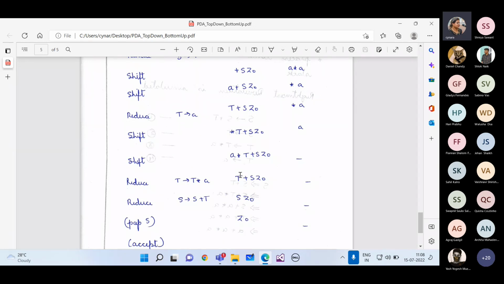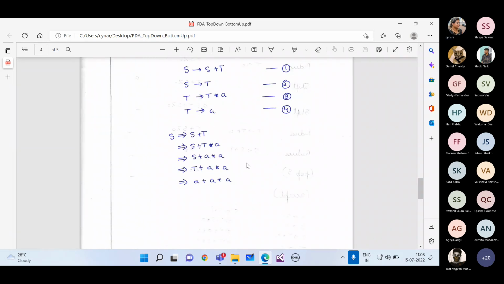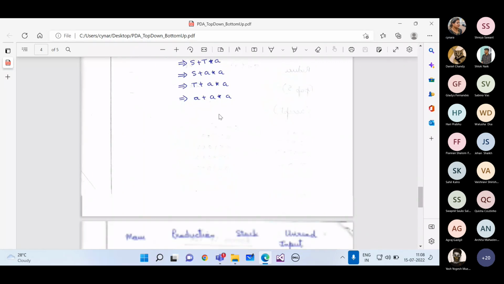So T plus S here. See, here it is S plus T, so they were moving backward. So you have to write T plus S. Be careful about that.